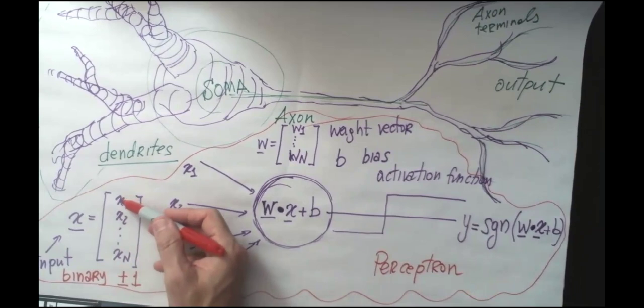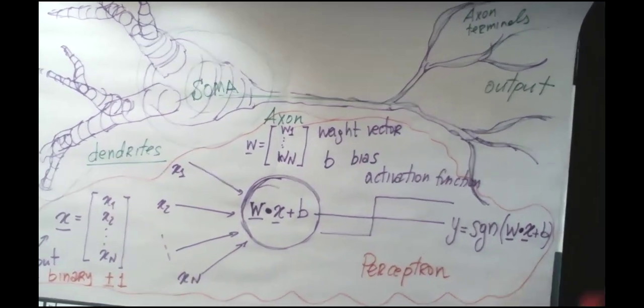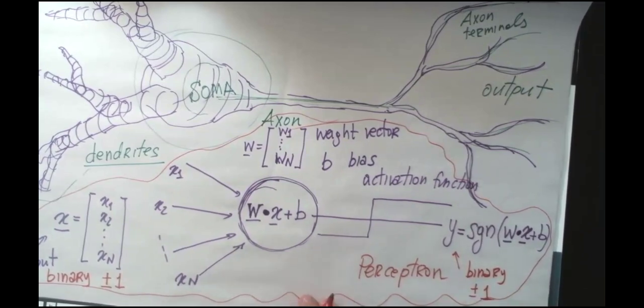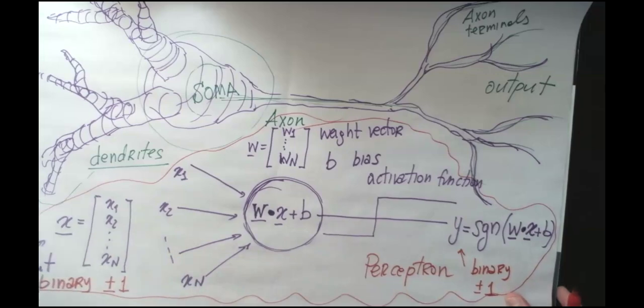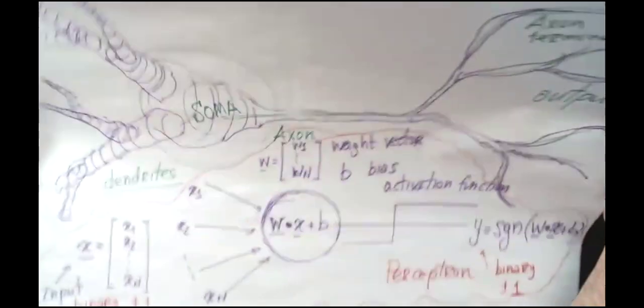And the output, we're also going to assume, is binary, so it can also be plus or minus 1. What we're going to do today is try to understand the properties of this perceptron, and how we can use it to model.